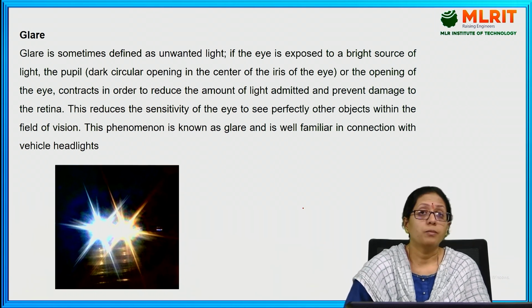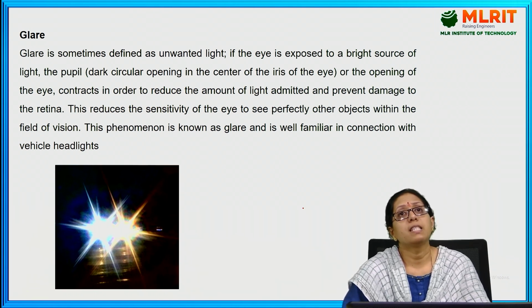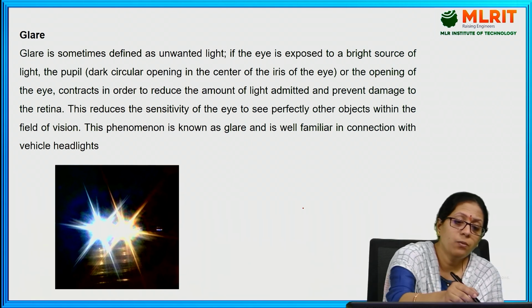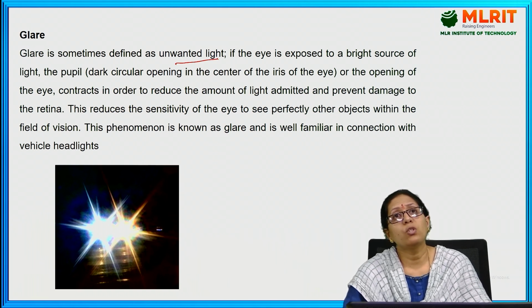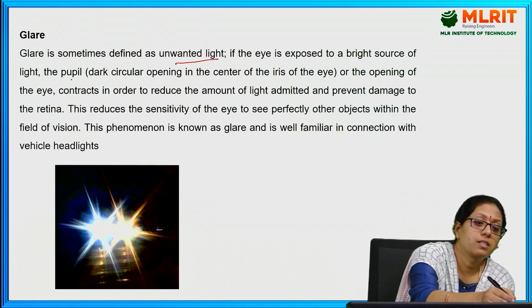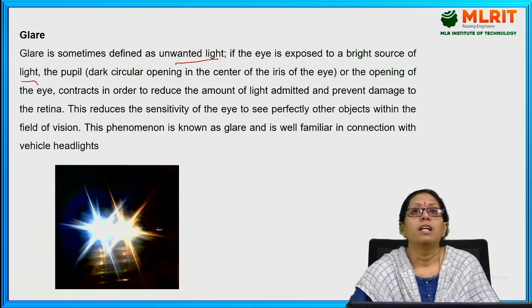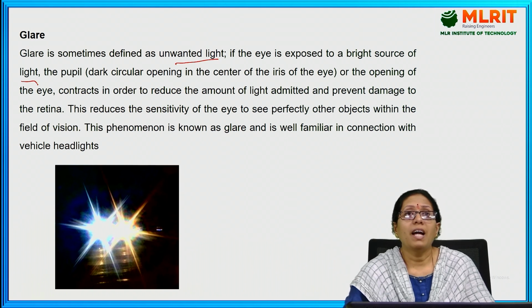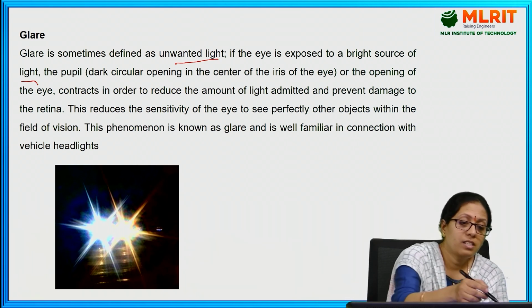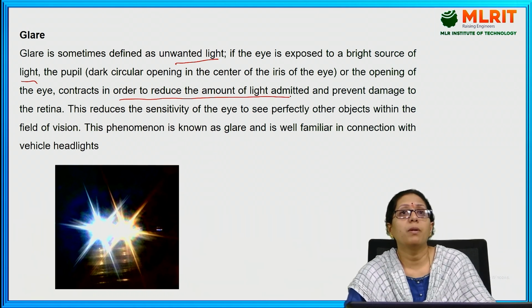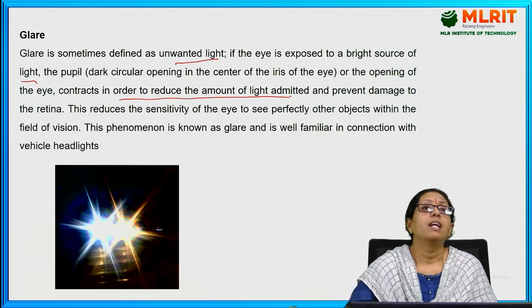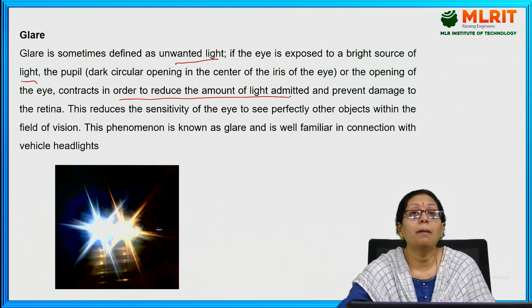Next one is glare. Glare is sometimes defined as unwanted light. If the eye is exposed to a bright source of light, the opening of the eye will be difficult. Contrast is needed in order to reduce the amount of light emitted and prevent damage to the retina. So glare may damage the retina.